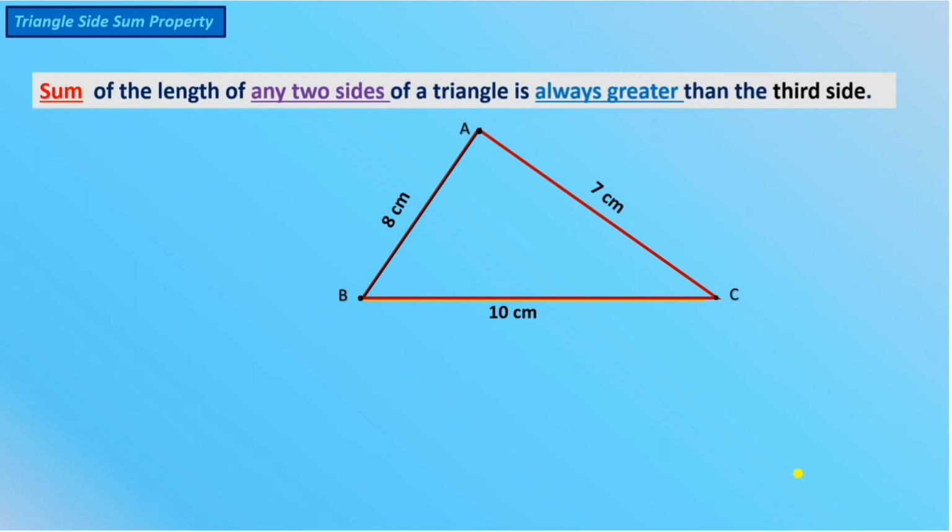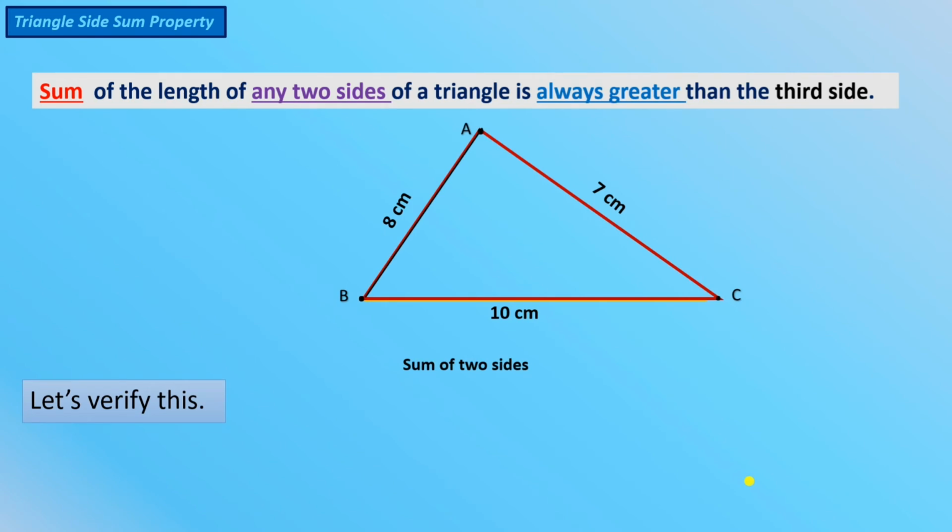The sum of the lengths of any two sides of a triangle is always greater than the third side. Let us verify this. Length of AB plus length of BC equals 18, which is greater than the third side, length of CA, which is 7.